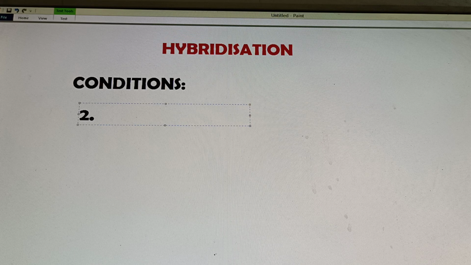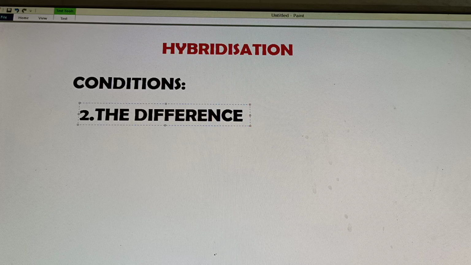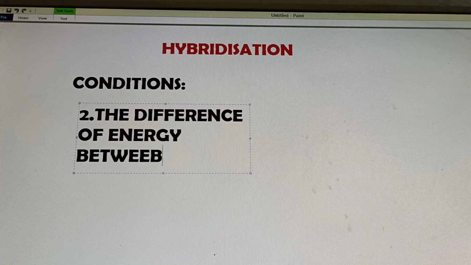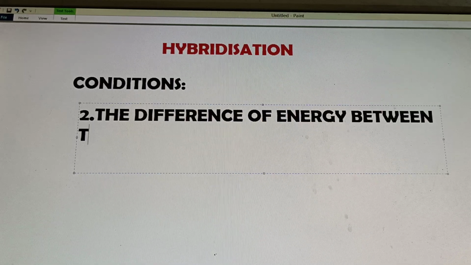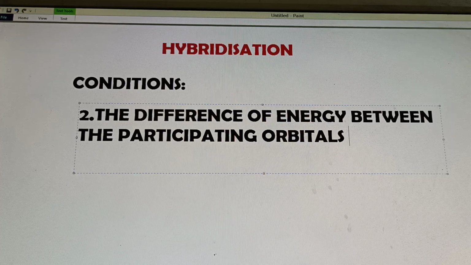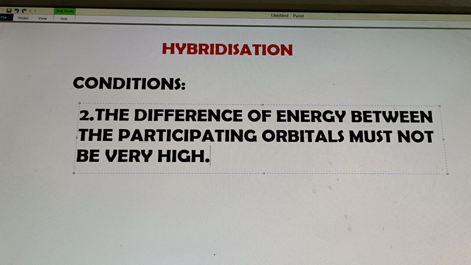So the difference of energy between the participating orbitals must not be very high, otherwise hybridization will not occur.